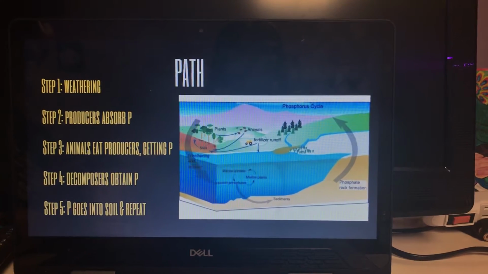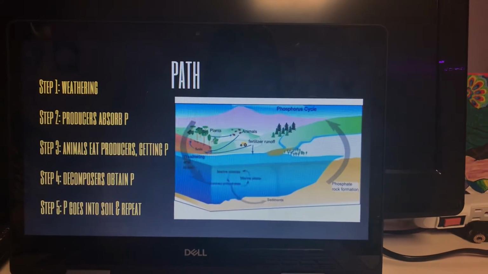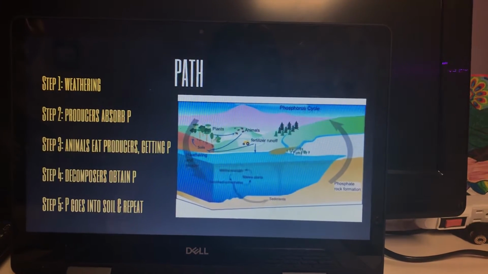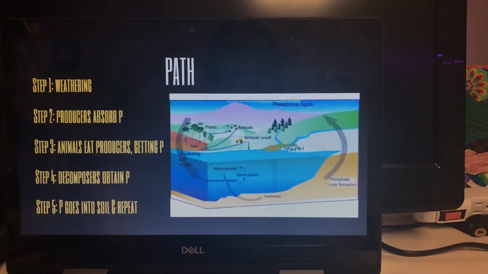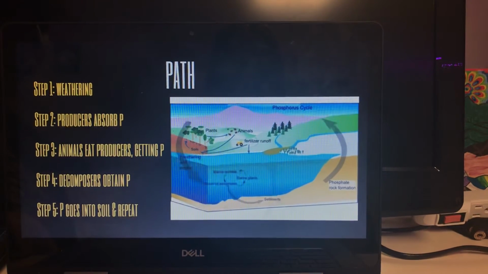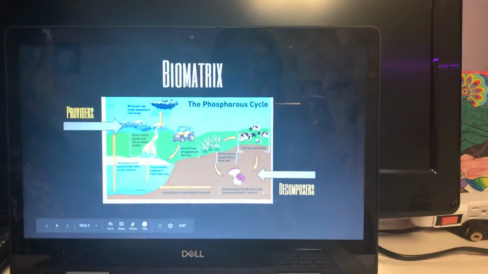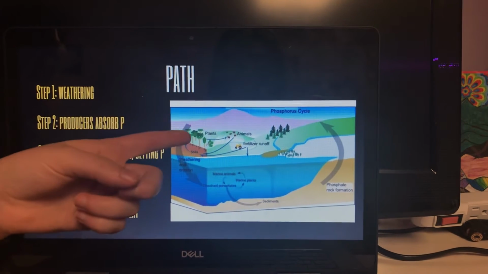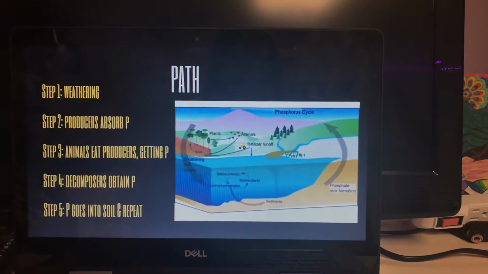The plants absorb then the phosphorus from the soil, which is step 2, where the producers absorb the phosphorus. Step 3 is we have animals that eat the producers that then get the phosphorus. So you can see we have the weathering, erosion into the water, and then it's absorbed into the soil, and the plants then gather the phosphorus, which goes right over to the animals.